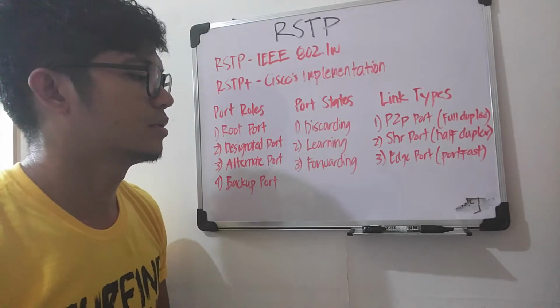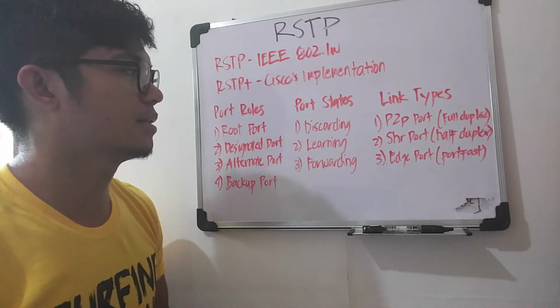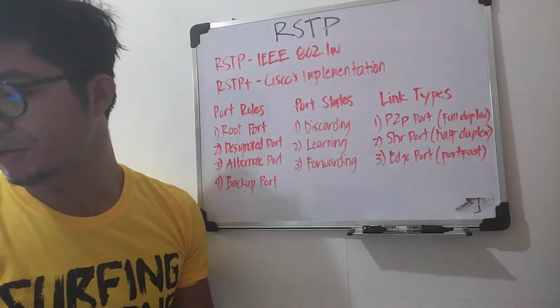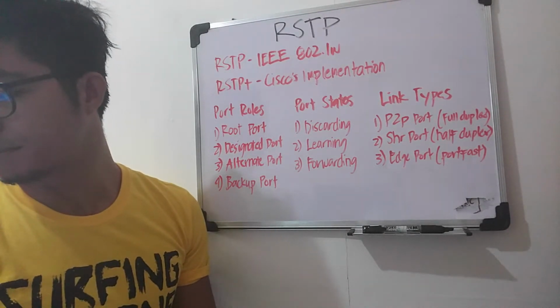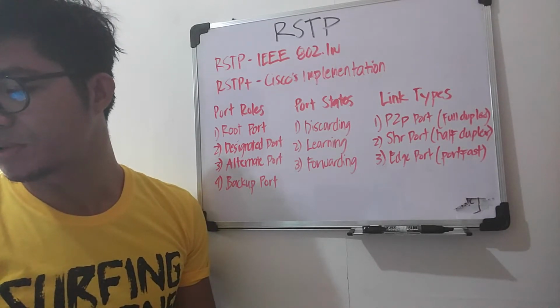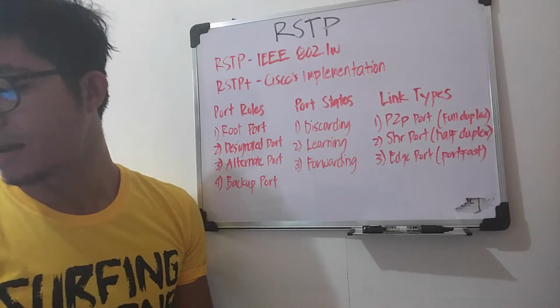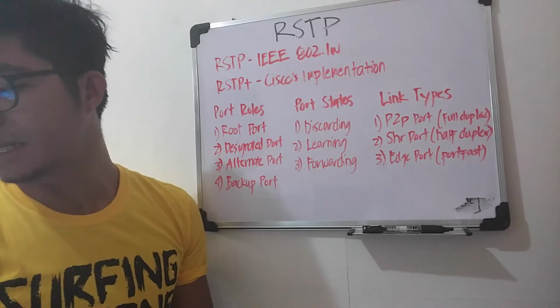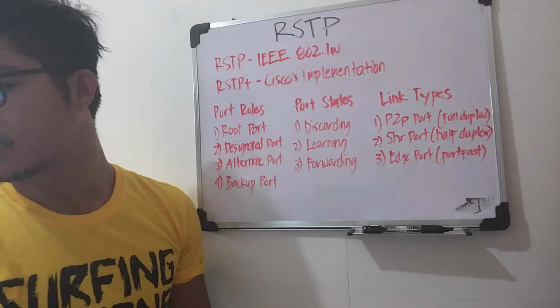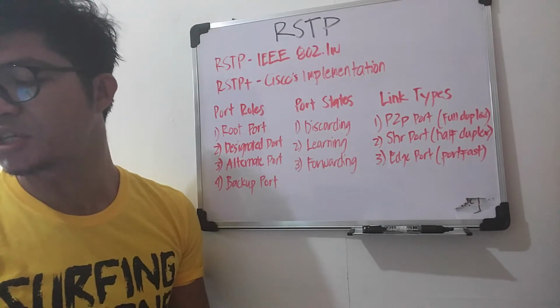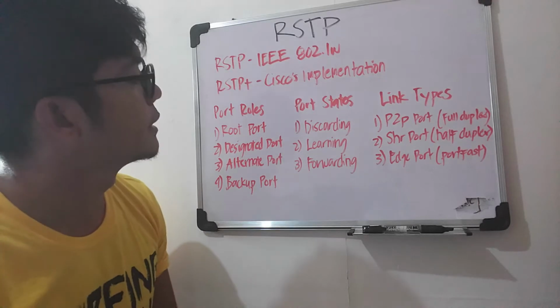Actually, I heard someone say that it's still receiving BPDUs, but I'm looking at the book that I'm reading now, and it says it's not listening for BPDUs, because RSTP can quickly negotiate a state change.